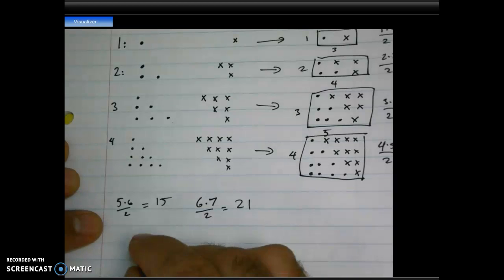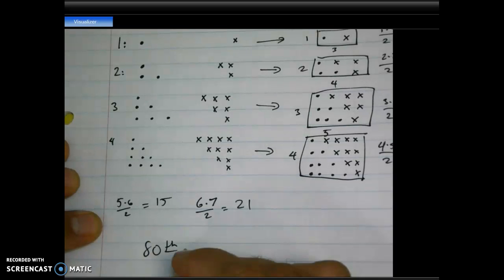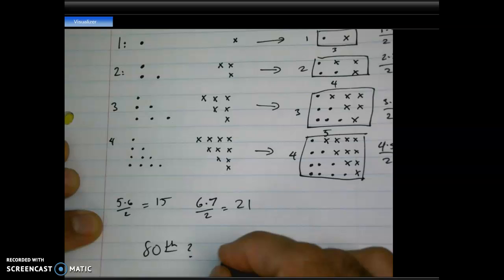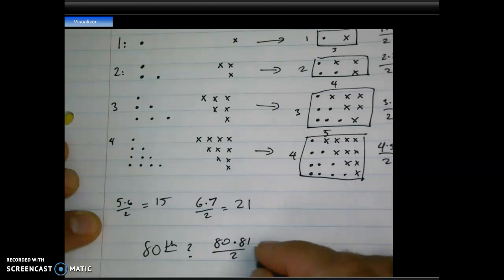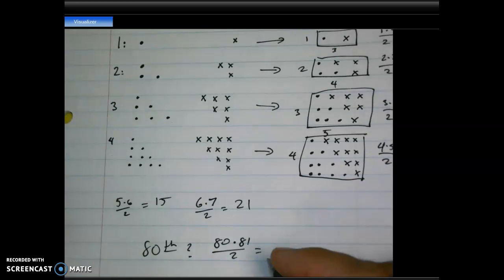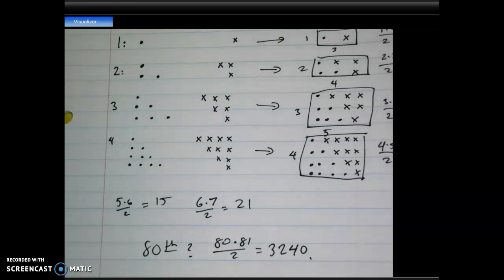So if we go back to that question, what is the 80th term? It'll be 80 times 81 divided by 2, okay? Which is 3,240, okay? So we come up with patterns, and that's how we find the patterns to make an analysis.